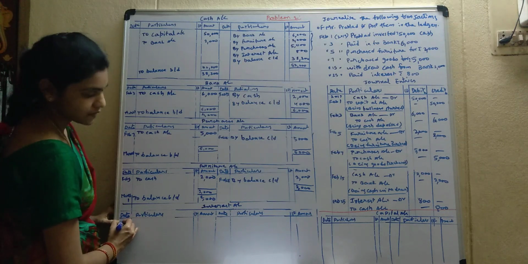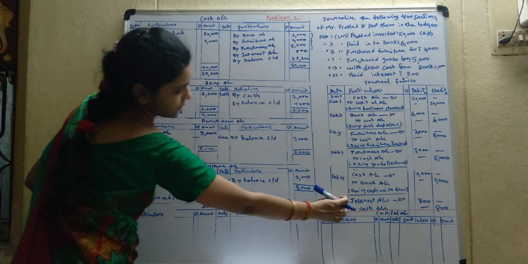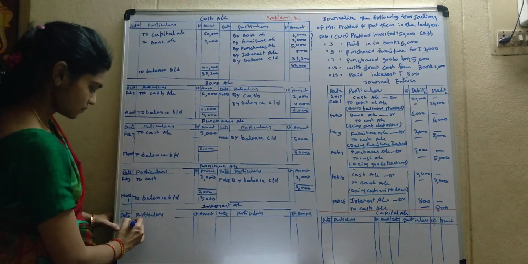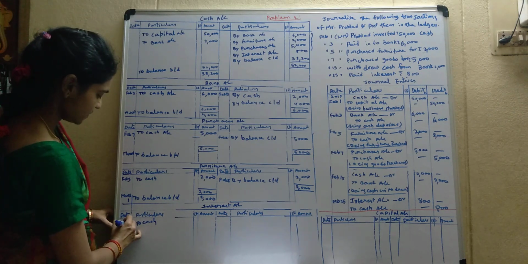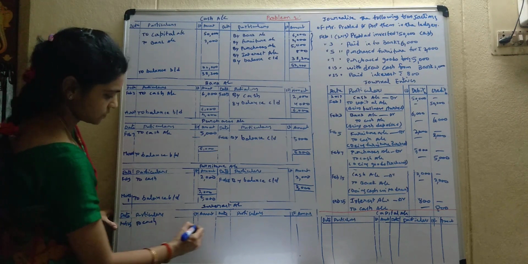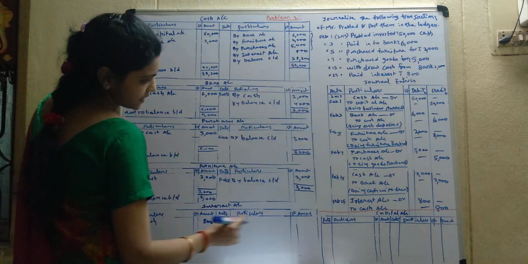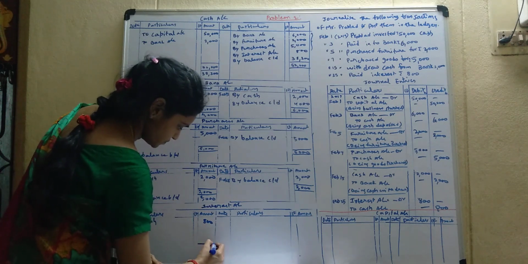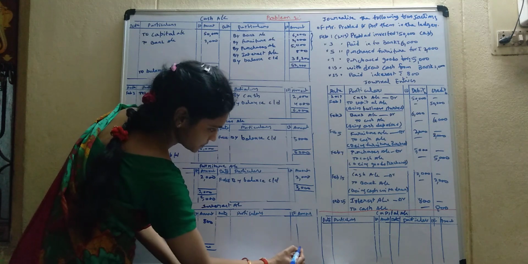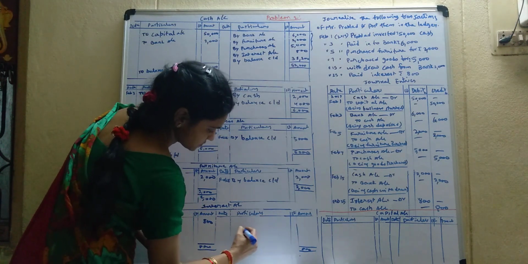Okay. Interest account. To cash on February 25th. What's the amount? 800. Any interest regarding interest? No. So, balance 800.